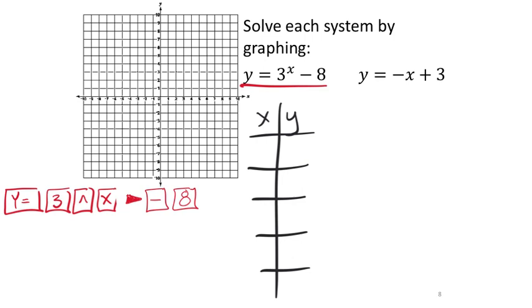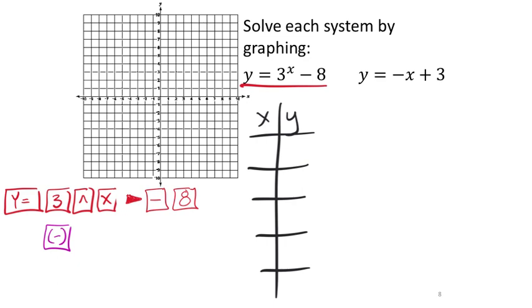So what I'm going to do is go down so I can enter in the second equation as well. So I'm going to go down, and then I enter my second equation. This is under y2 now for me. I have to do negative x plus 3. First I will start with the negative button, which is right next to the enter button.